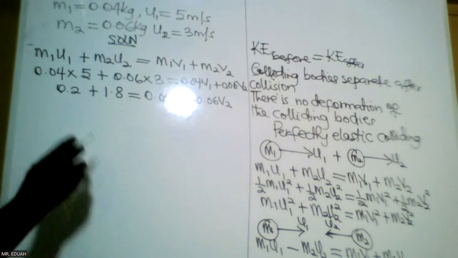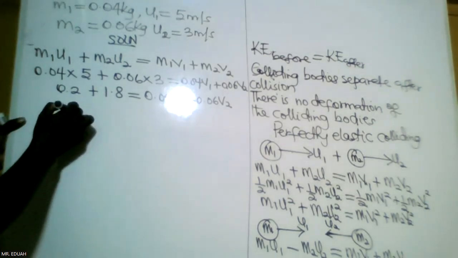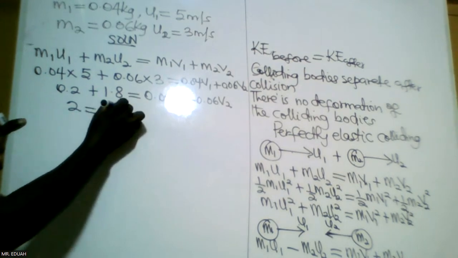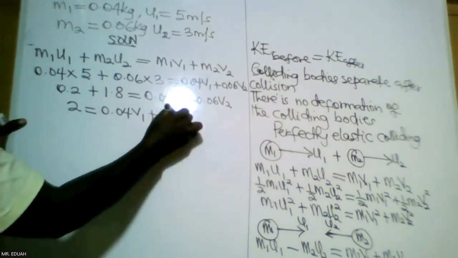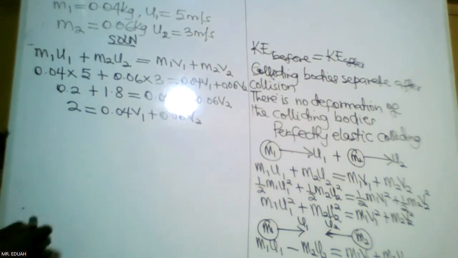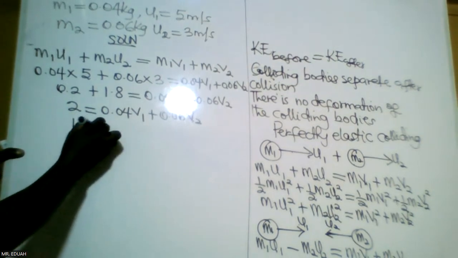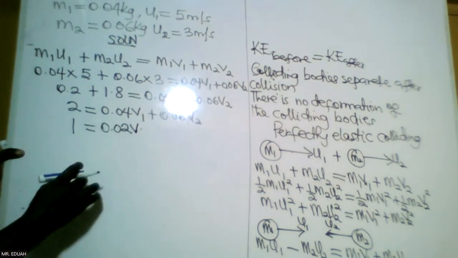Of course, because 2 is common, okay, let's sum this up. This is giving us 2. 2 is equal to 0.04 V1 plus 0.06 V2. Of course, we can reduce the values by dividing 2 by 2.